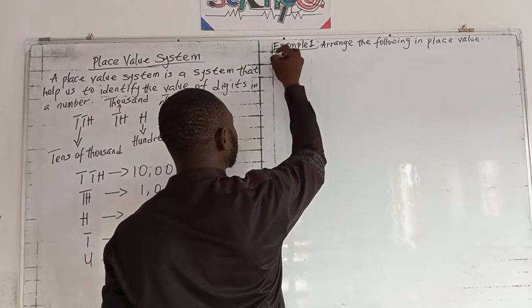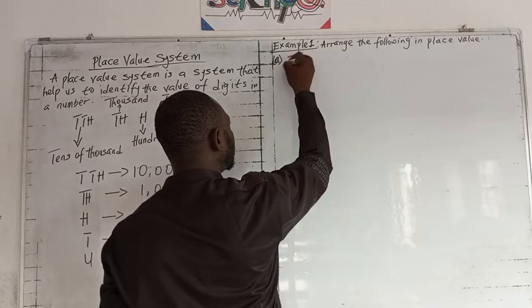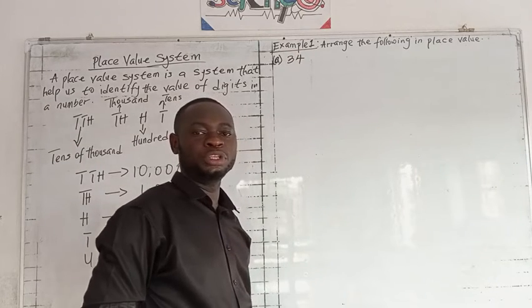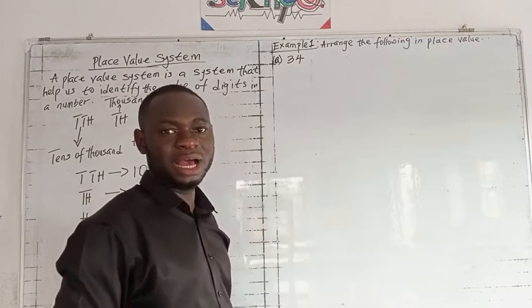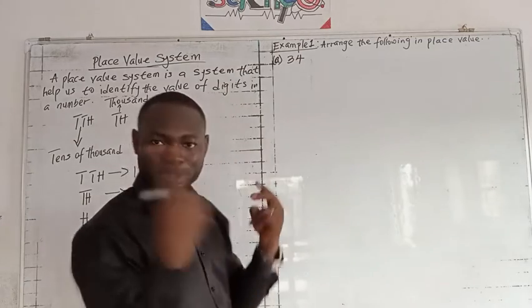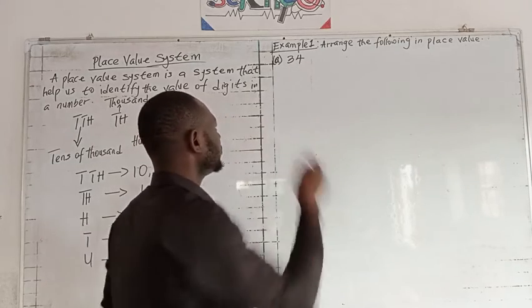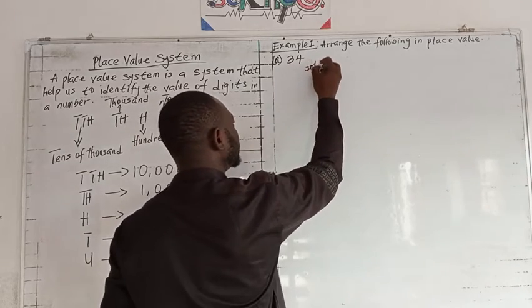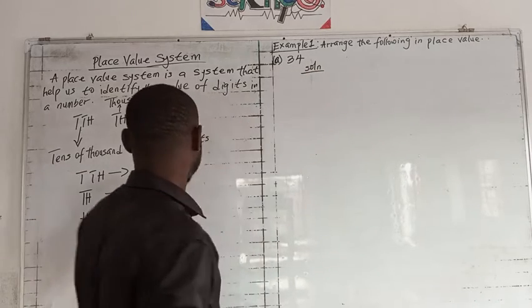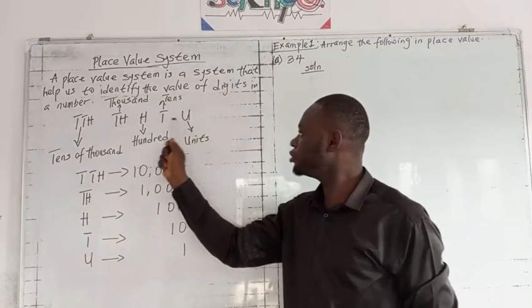A. Let me use 34. In arranging 34 in place value, ask yourself, how many digits make up 34? There are 2 digits, 3 and 4. So, solution. Since there are 2 digits that make up 34, from our place value system, from the units, we go 1, 2.